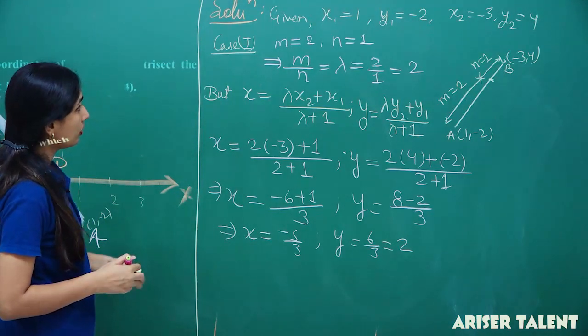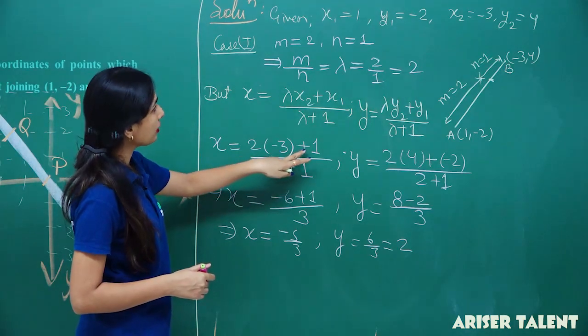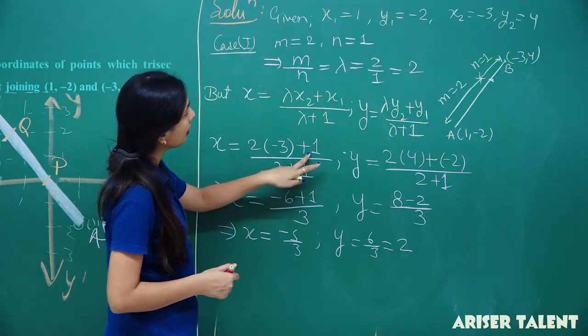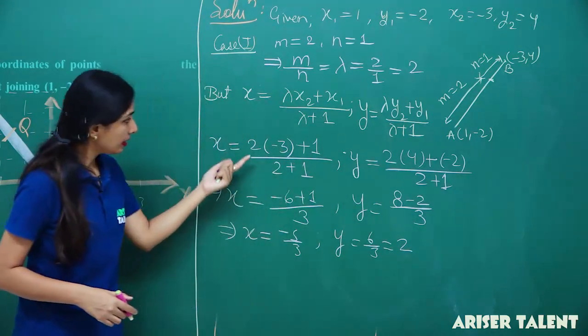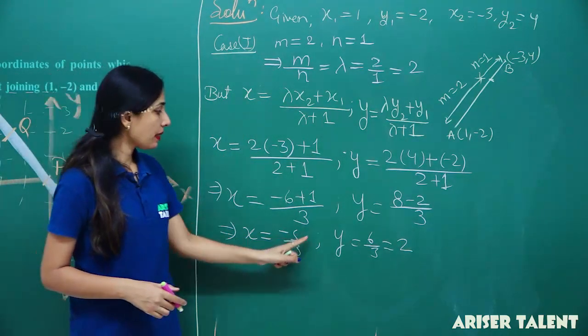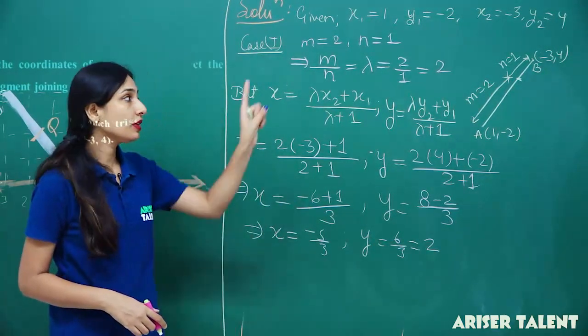Right or wrong? So I have x equals -5 by 3 and y equals 2.